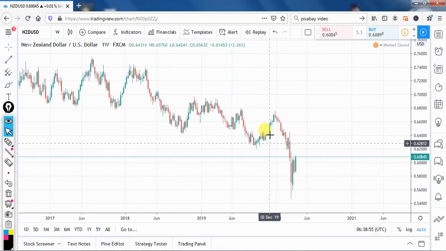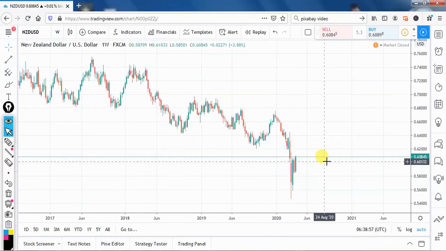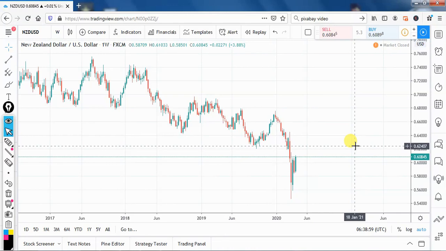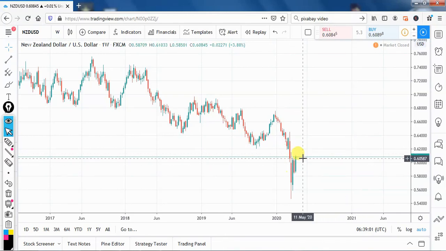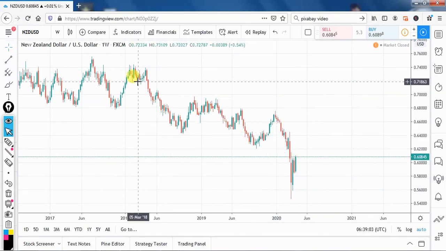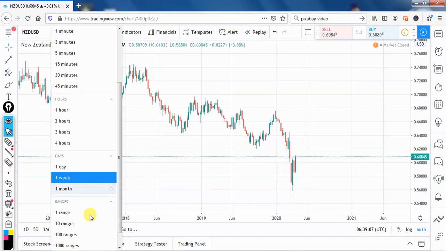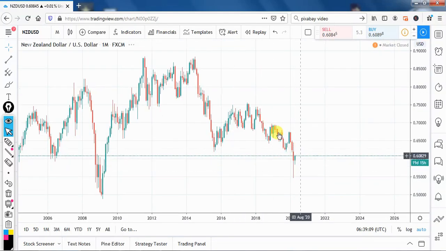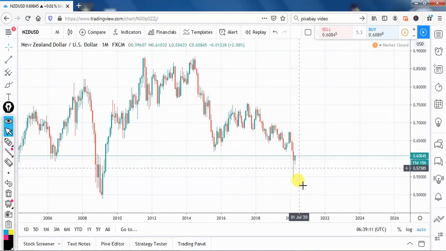Let's analyze the targets. Because the bigger trend is towards the downside, I do not want to hold it for too long, because it might be just a bigger retracement within the big trend. We see that on the monthly time frame, the trend is clearly towards the downside.